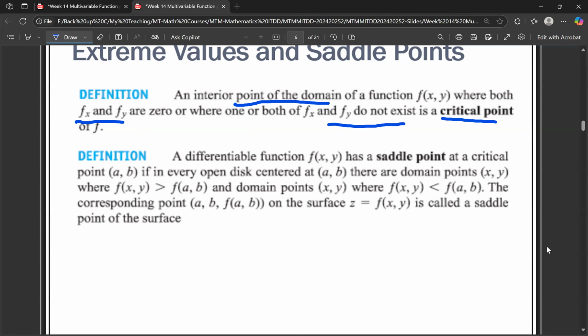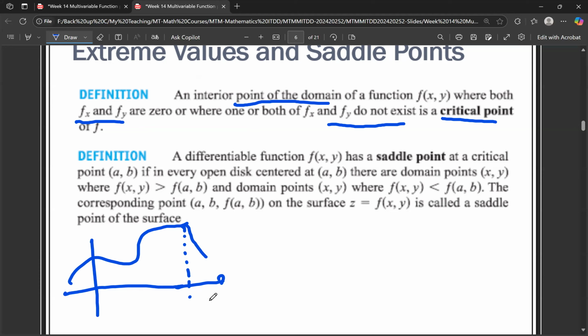It means that I will illustrate it in one variable like this. Here, x equals b, and here maybe x equals a, or maybe here x equals c. So a, b, c are critical points.